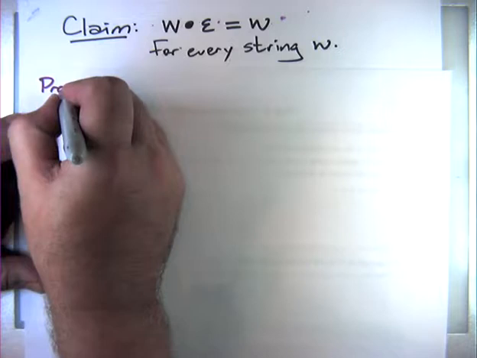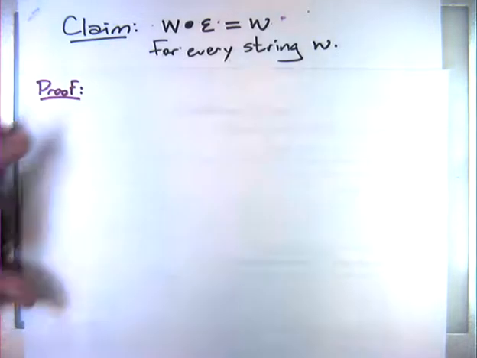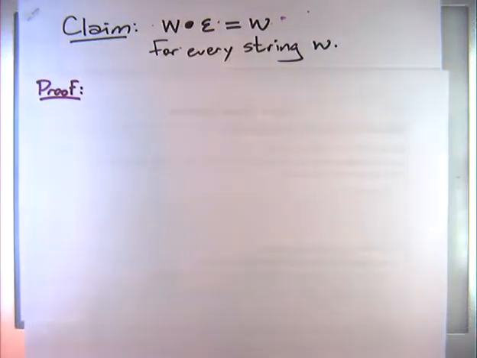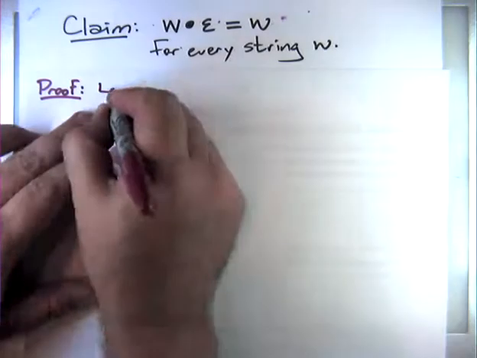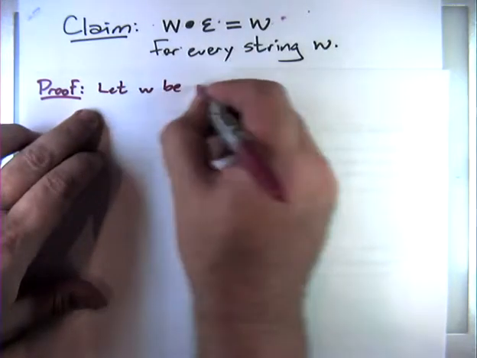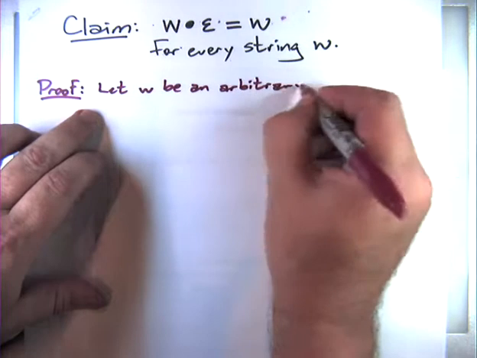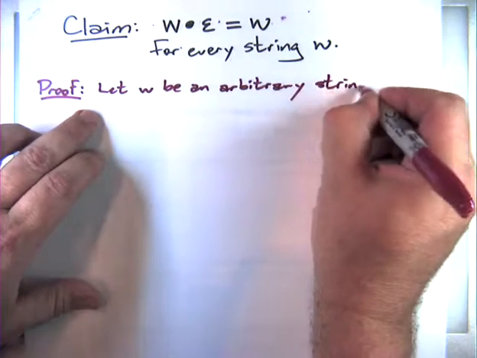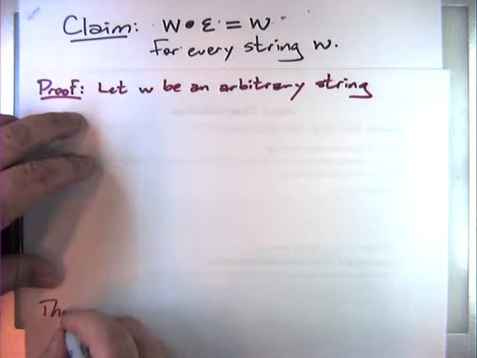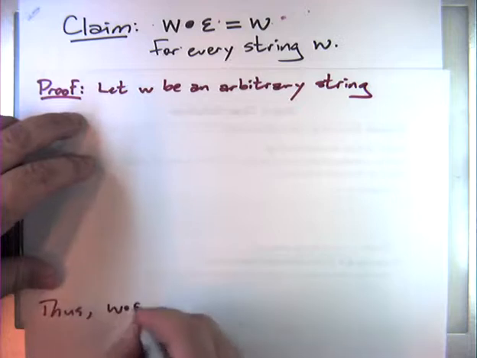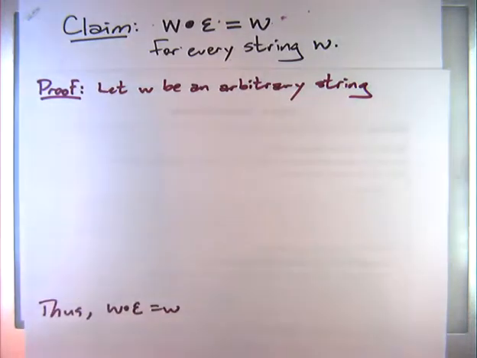Proof. Step 1, bow to your sensei. Let W be an arbitrary string. Thus, W concat epsilon is equal to W. Okay?